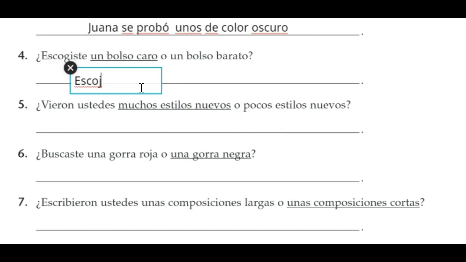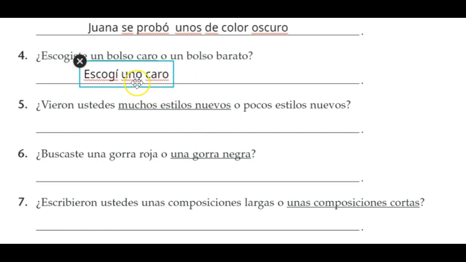And in this case, we're going to have uno caro. I chose an expensive one. Now it's uno because it's not followed by a noun. So we'll put the O back on the end of un.